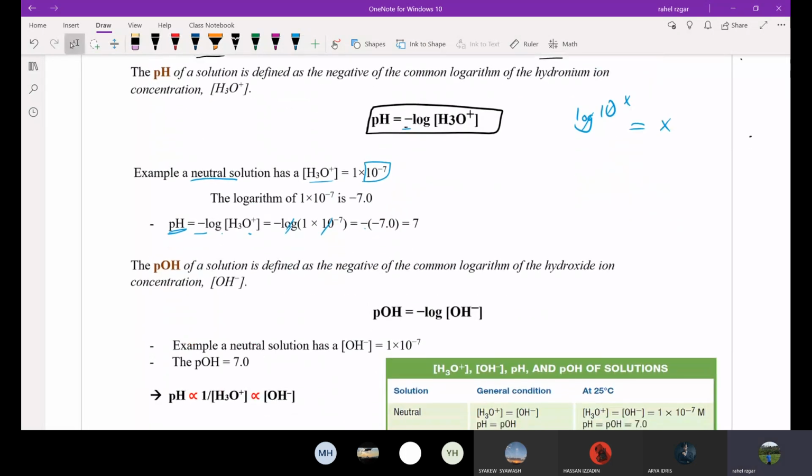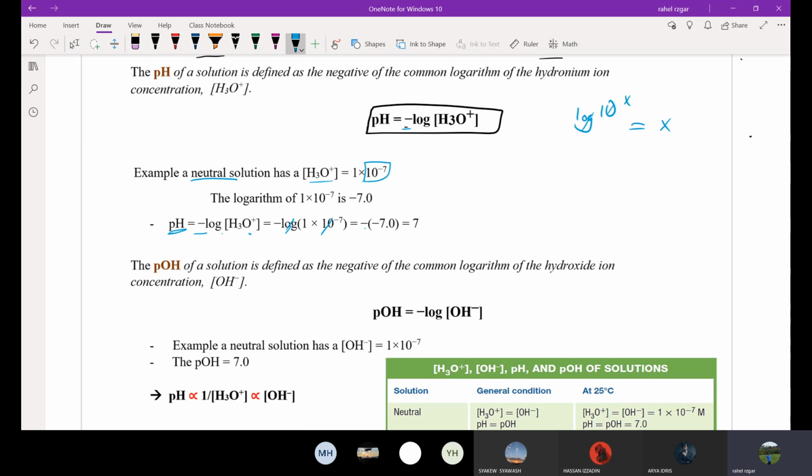We also have another scale which is called pOH, which you haven't heard of until now. You have only heard of pH. But we also have pOH, because pH is minus log of H3O.